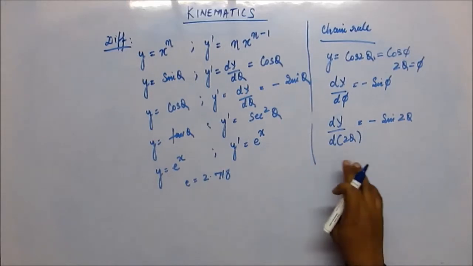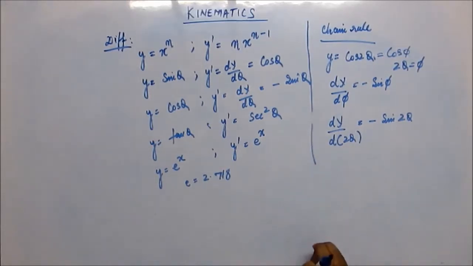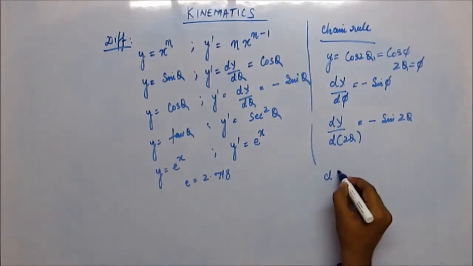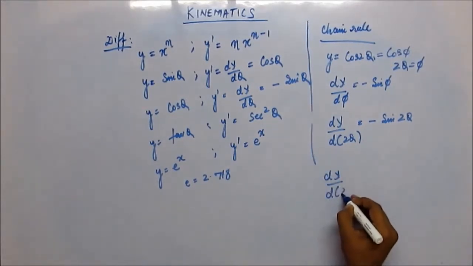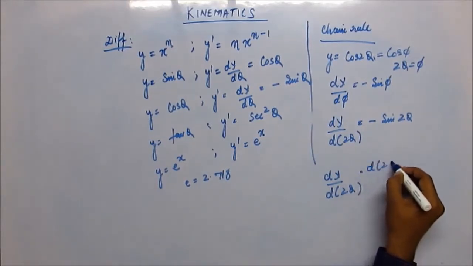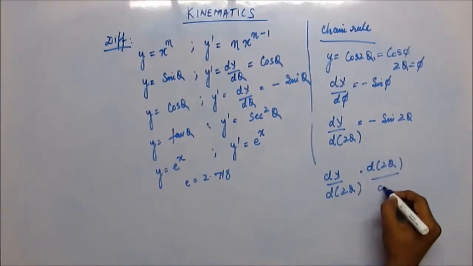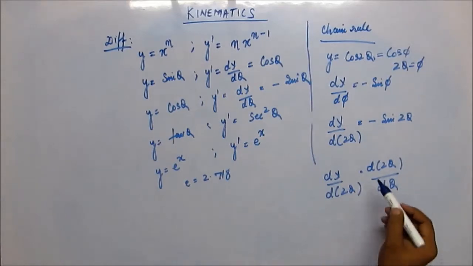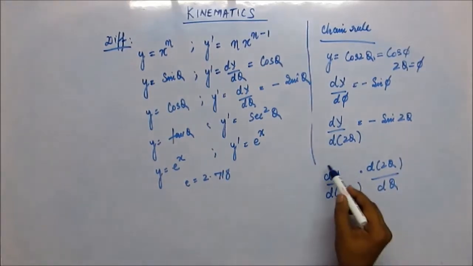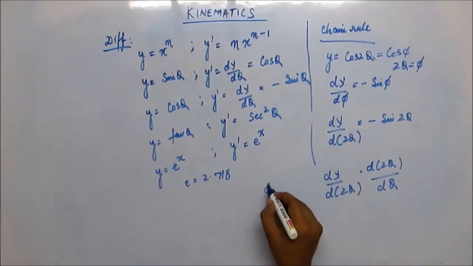But we didn't want dy by d 2 theta, we wanted dy by d theta. Now dy by d theta we can easily get by multiplying this with d 2 theta upon d theta. This d 2 theta and d 2 theta will be cancelled out. So dy by d 2 theta we already have.